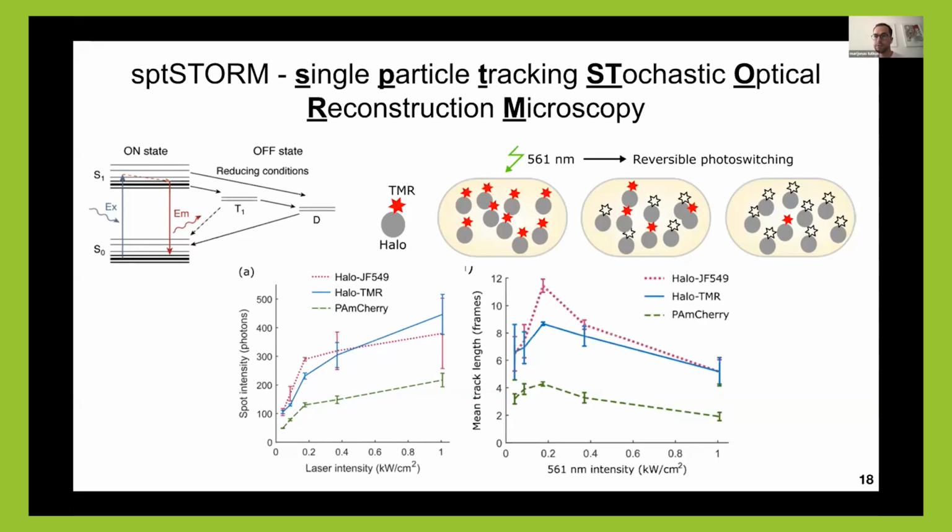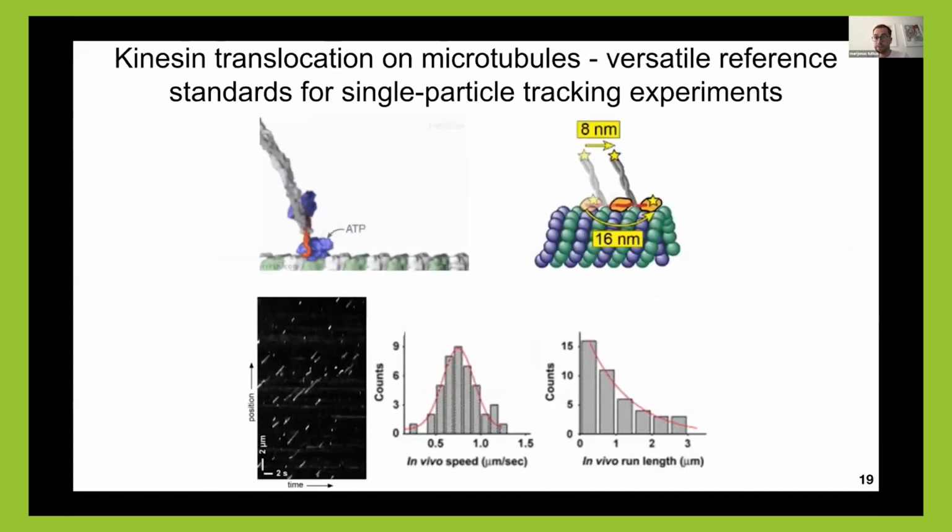And this is actually really good compared to what we would achieve with photoactivatable fluorescent proteins, because they bleach too quickly. We already tried that in our experiments, and we typically get tracks of 2 frames, which is not sufficient for our goal. But also, very importantly, the microscope has to be really stable.